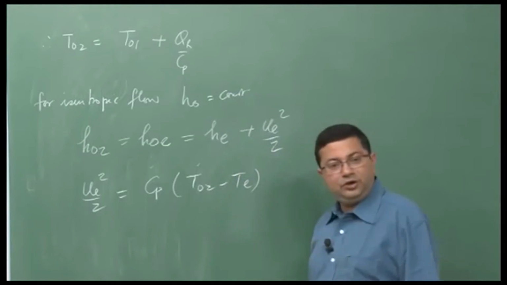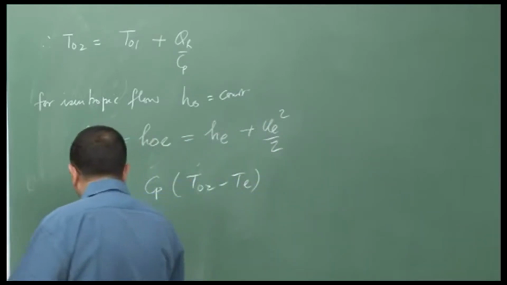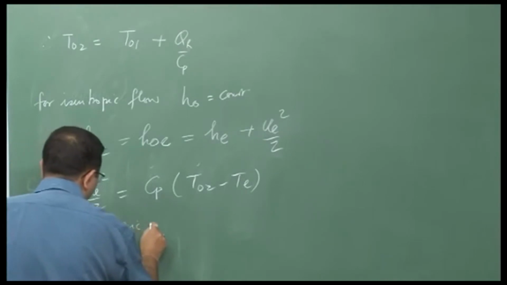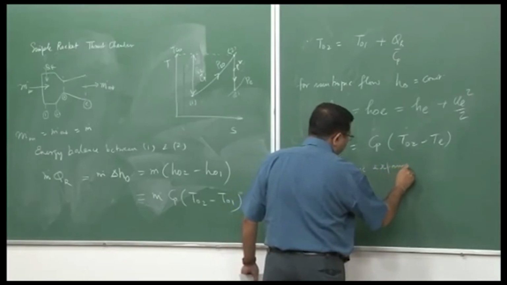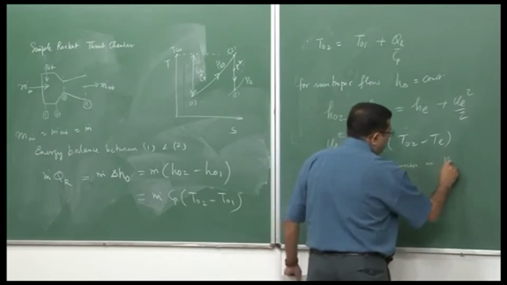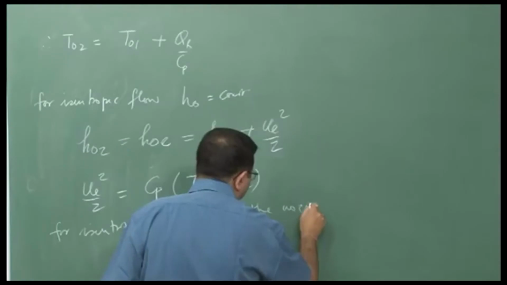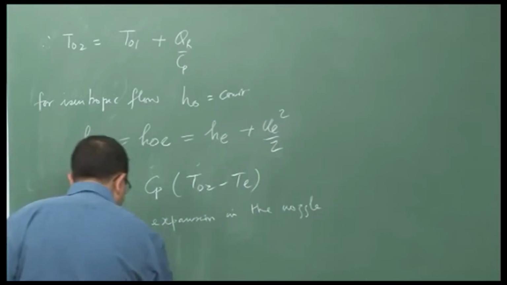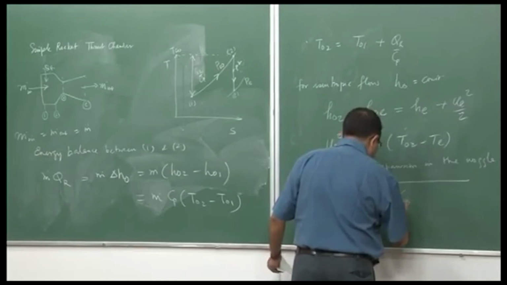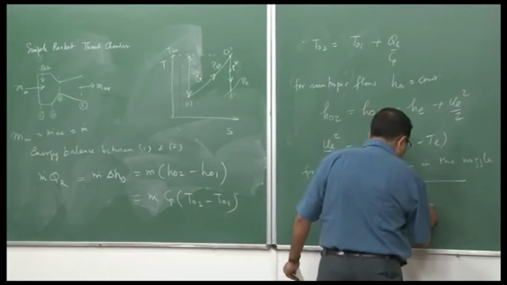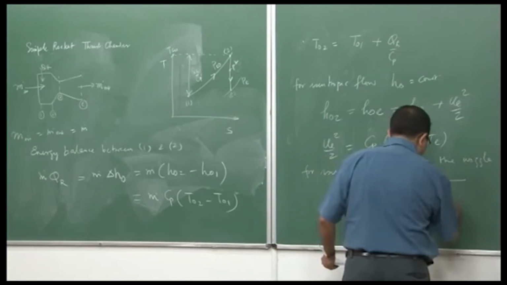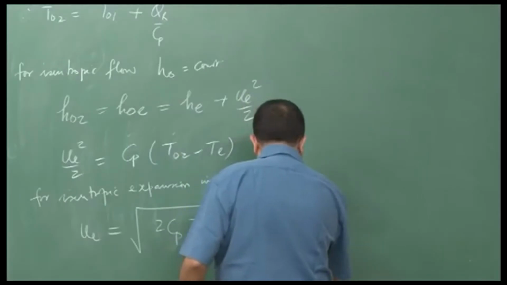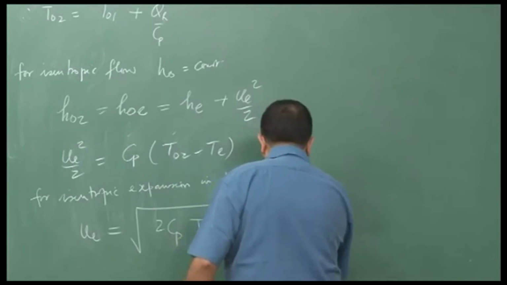So, we can use the isentropic relationship, and then for isentropic expansion in the nozzle, we get the exit velocity is equal to square root of 2 Cp Tc naught (1 minus Pe upon Pc naught to the power gamma minus 1 by gamma).